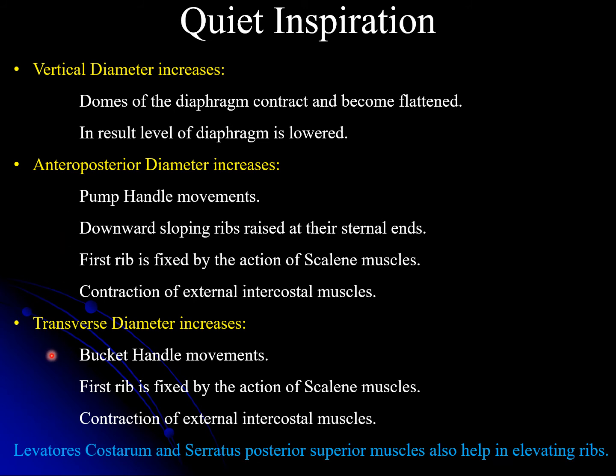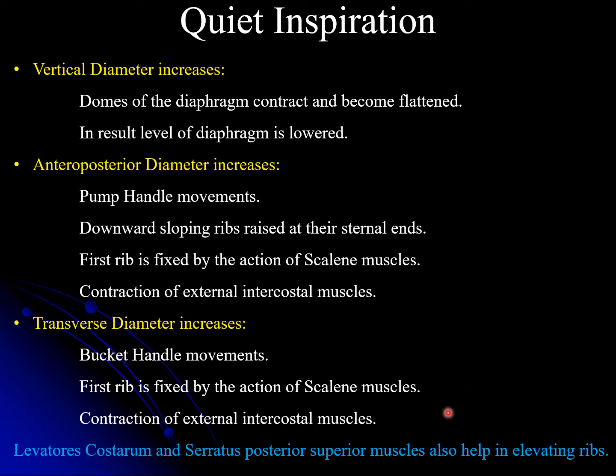The transverse diameter we already discussed with the help of bucket handle movements. The first rib, again, is fixed by the action of scalene muscles, and along with that, contraction of external intercostals, quiet inspiration is taking place.